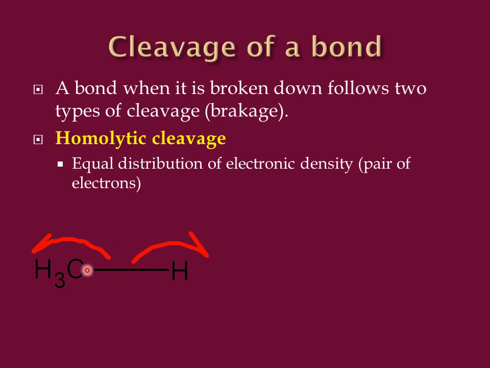As you already know, a half-headed arrow means the transfer of a single electron. This cleavage will result in the formation of radicals, a methyl radical and a hydrogen radical. So homolytic cleavage always results in the formation of radicals.